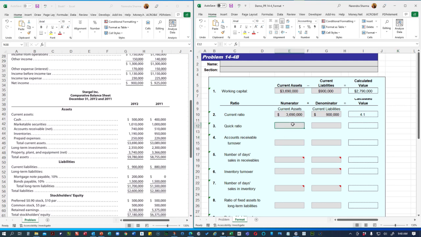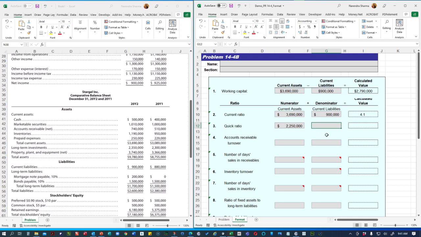So what you are going to do is add 500,1000 of cash plus 1,010,000 of marketable securities and then 740,000 of your accounts receivable.